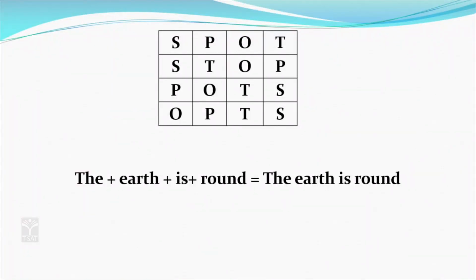We have discrete items S, P, O, T. With this, we can go for combinations like spot, stop, pots, and opts. Similarly, we have words: the earth is round. With this, we can make a larger one which is a sentence, the earth is round, as well as is the earth round.